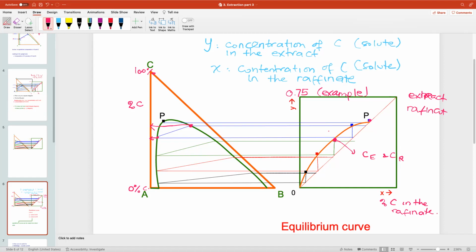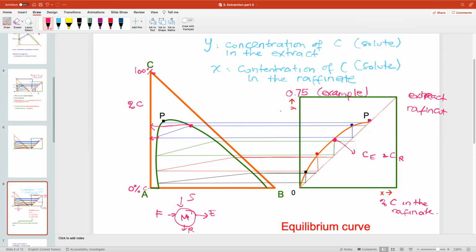For example, we have the feed and also the S. In this particular mixing, what is the extract and what is the raffinate? This point tells you that.